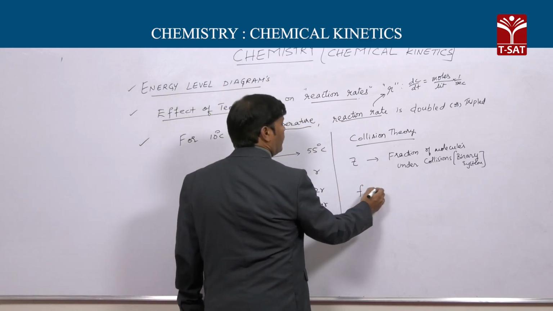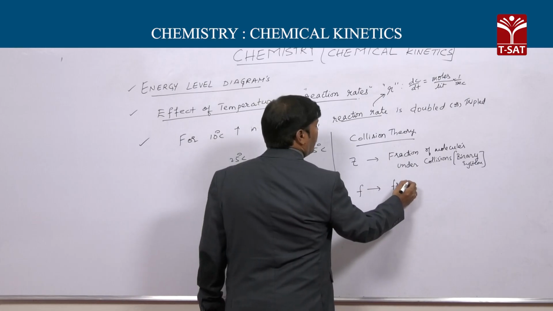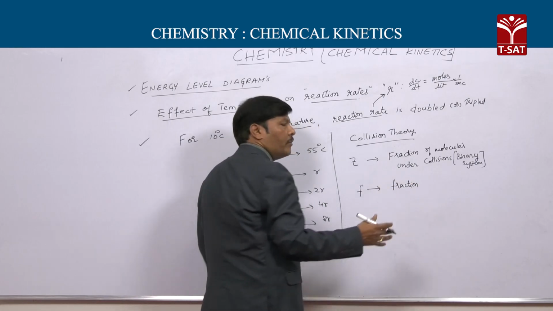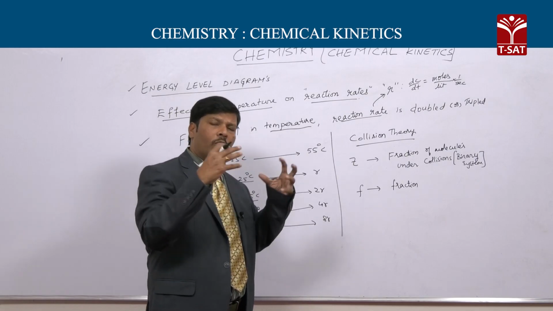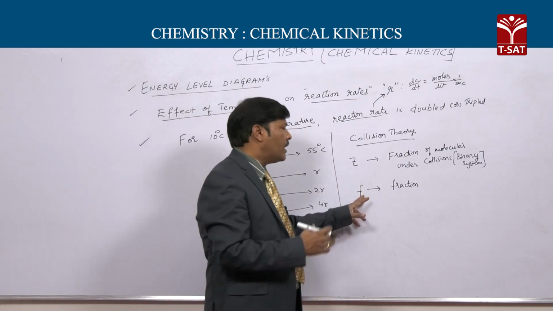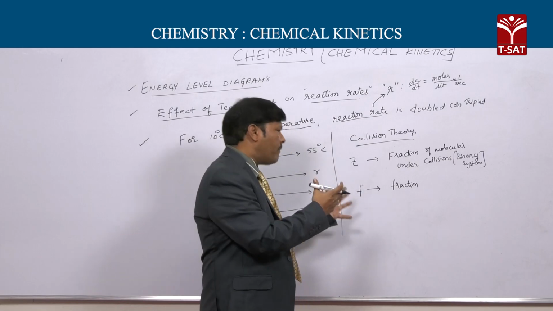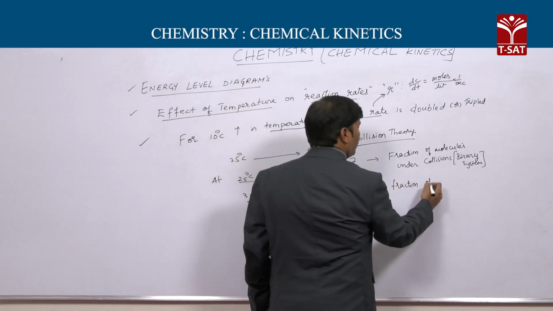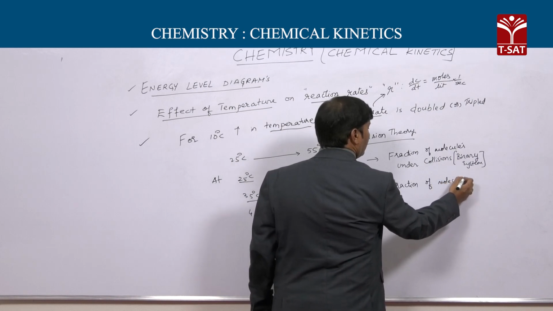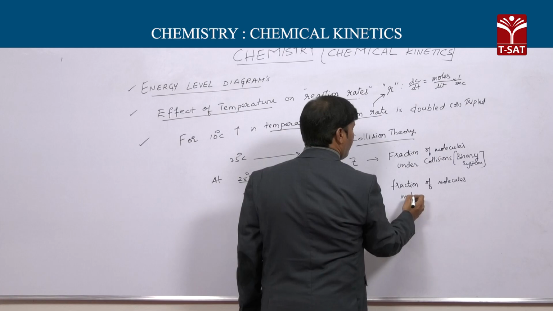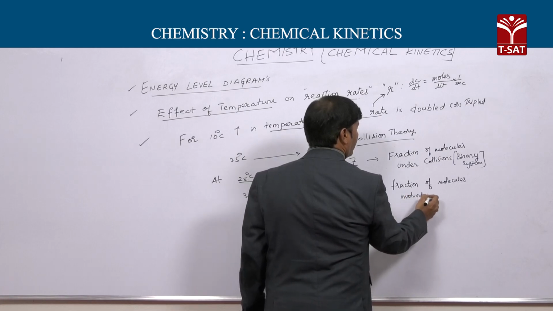Then F is nothing but the fraction of molecules. Fraction means that out of 1,000 molecules, say 100 molecules only are involved in the fruitful collision, then that value in the form of F is nothing but the fraction of molecules involved in collisions.